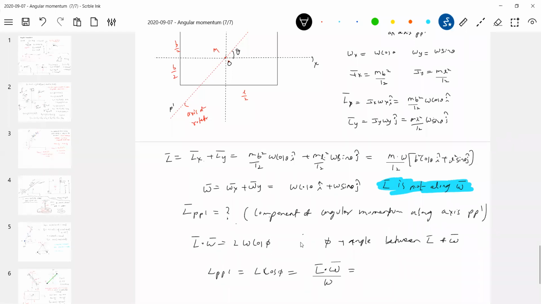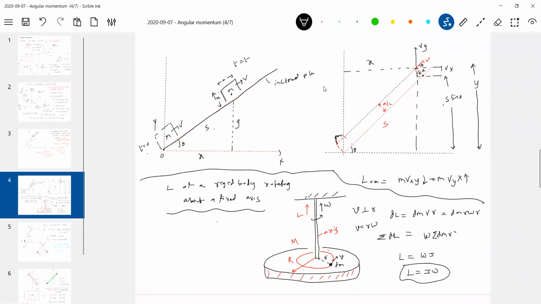Okay, try this. Now is it okay? No. It's not that rule that L should be along omega. It should not be written that way. Sir, you said here L along omega.